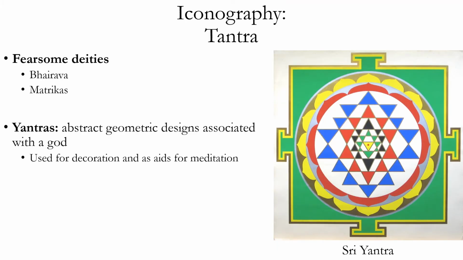Another influence on Hindu iconography was that of Tantric Hinduism. One of the distinctive aspects is having fearsome or gruesome deities, like Bhairava or the Matrikas, the mother goddesses. And these are often depicted with a necklace of human heads, or a garland or belt of severed arms.